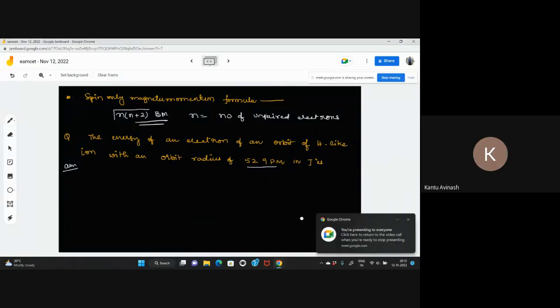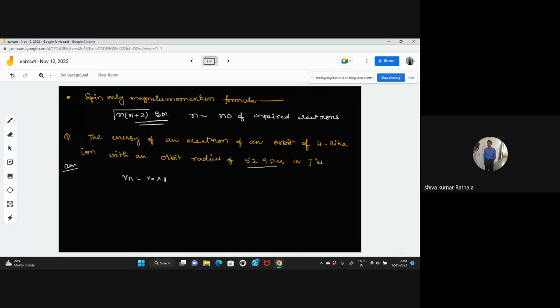So the radius formula is rn equal to r0 into n square by Z, right? Here Z we don't know, let it be like hydrogen atom only. So rn equal to 52.9, and r0 is 0.529 angstrom units, that is 0.529 into 10 to the power of minus 8 centimeters.